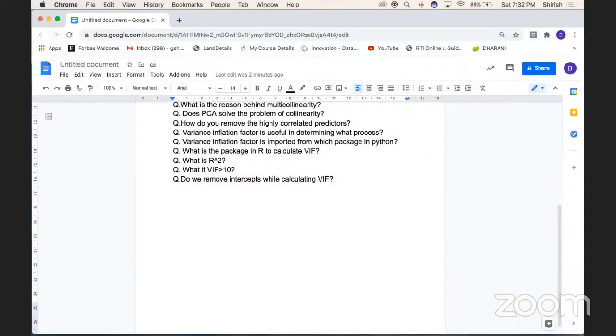Okay. Suppose after you have analyzed your model, your manager informs you that the regression model you have built has some multicollinearity issue.